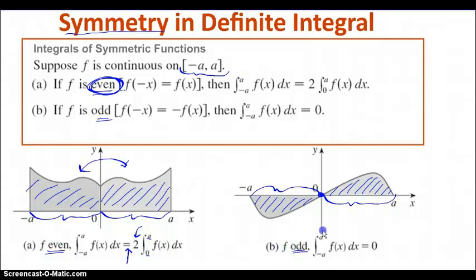So if on an odd function we are integrating from negative a to positive a, and we know f is an odd function, then we are guaranteed that that signed sum will accumulate to 0. And that's what symmetry has to do. Those are properties of even and odd functions in the definite integral. So you could use that as well.